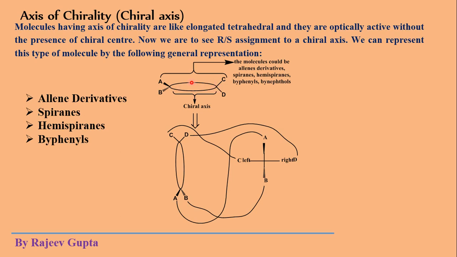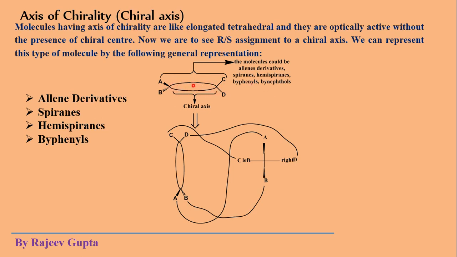But if we move this far away from C and D, and in the middle portion a rod like structure, or more than one carbon atoms are present, like in allene derivatives, spiranes, hemispiranes and biphenyls, and many more other compounds, this becomes an elongated tetrahedral, and this elongated structure, which we see here as an axis, becomes a chiral axis in these derivatives.